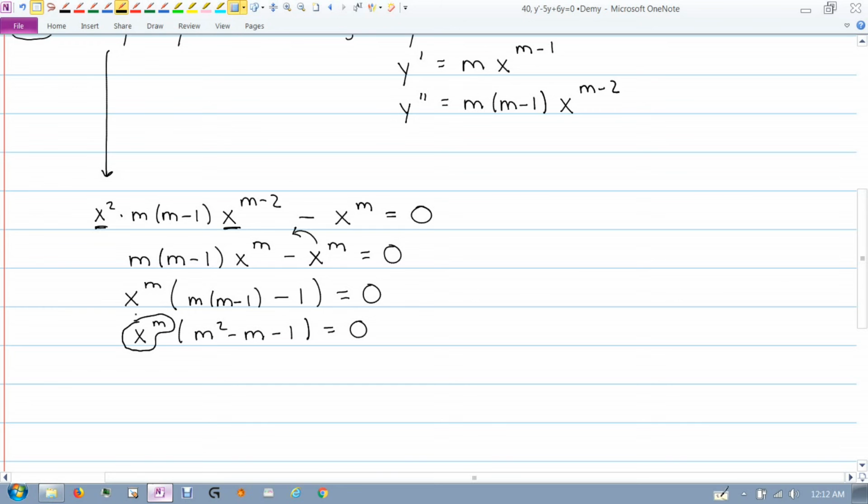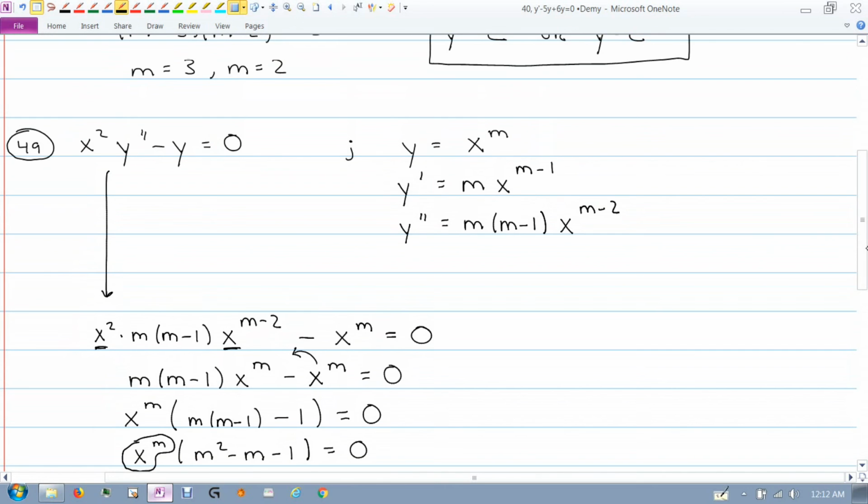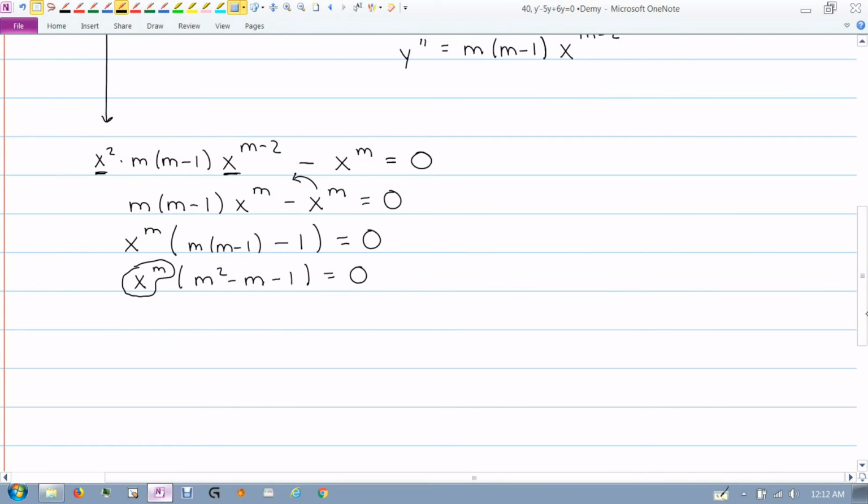But if x is 0, this is really a trivial problem, because y would be 0, since 0 to any power is 0, except for m equals 0, but we're not going to think about that right now. Basically, y would be 0, so that would be true. It's kind of a trivial solution. So we're not considering x to be 0 here, so we're going to chunk this. That can't ever be 0. And now we're just going to say, when is m squared minus m minus 1 equal to 0?